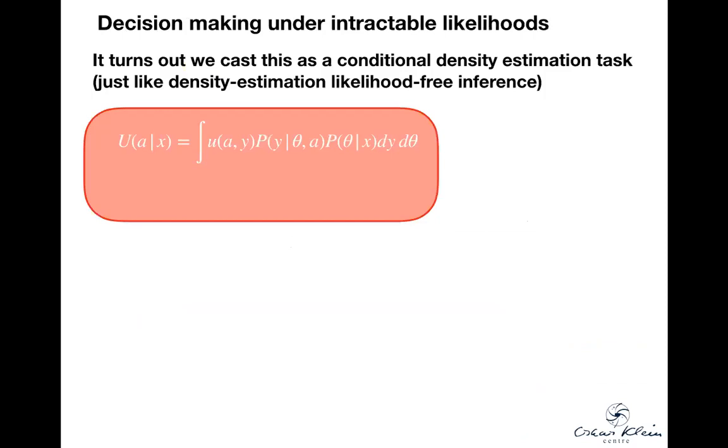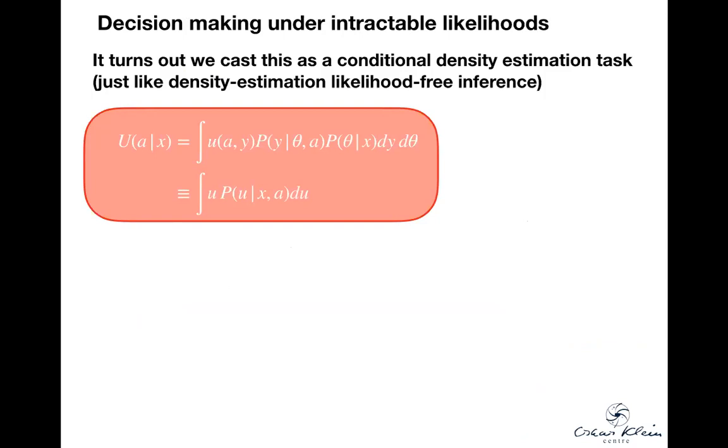But it turns out we can cast this as a conditional density estimation task, much like the way we do likelihood-free inference. So the thing that we care about here is the expected utility, which we can really think about as just an integral of the utility over this distribution of realizations of the utility conditioned on our observations and our action.